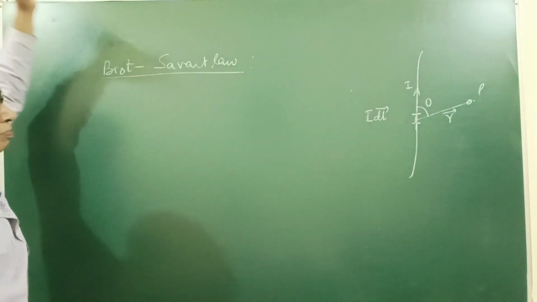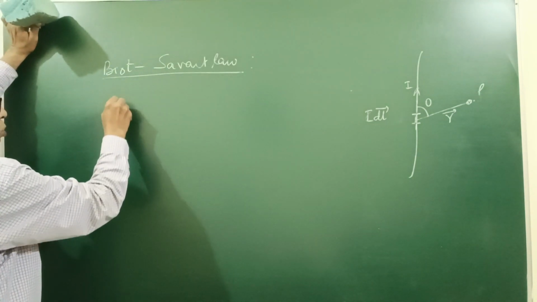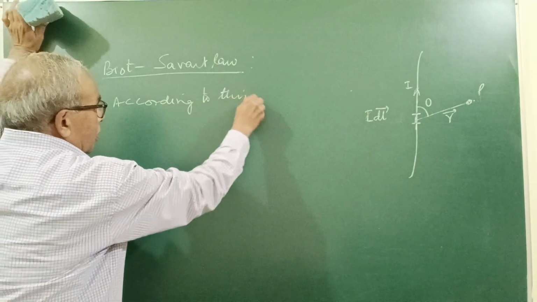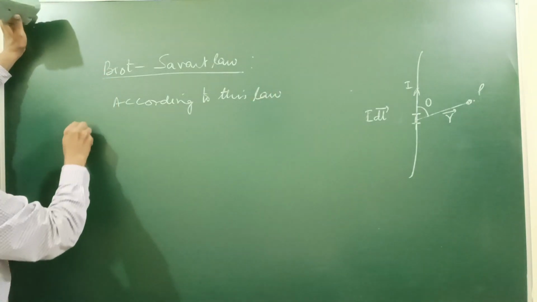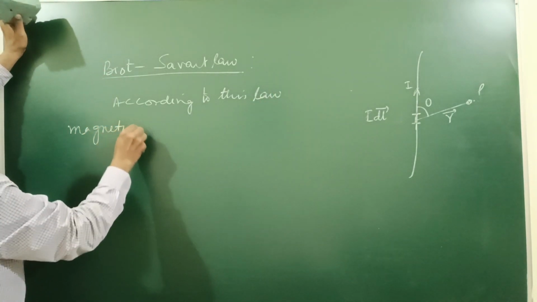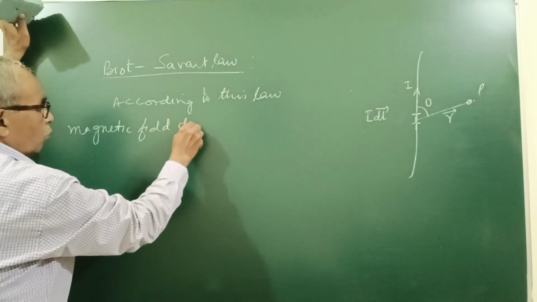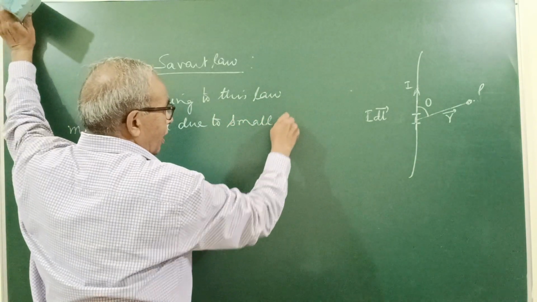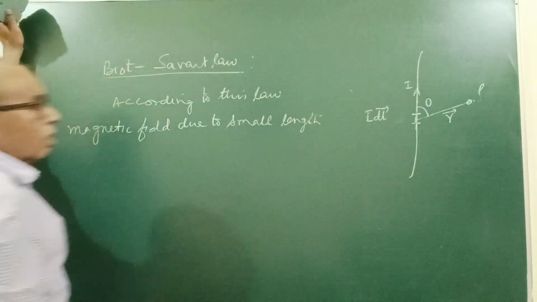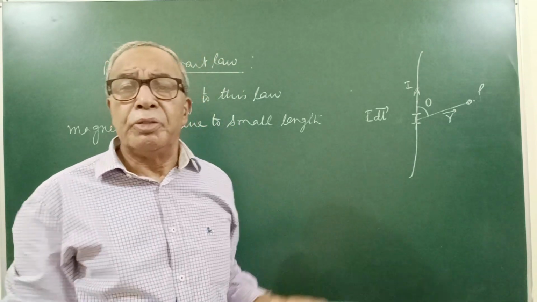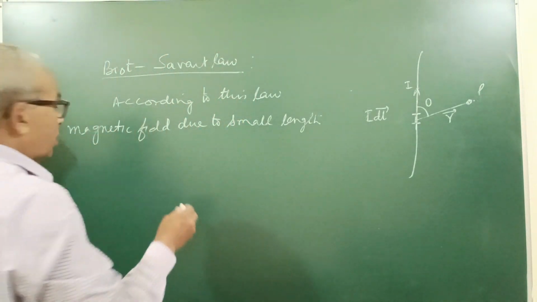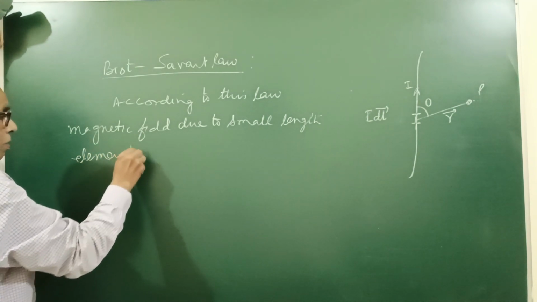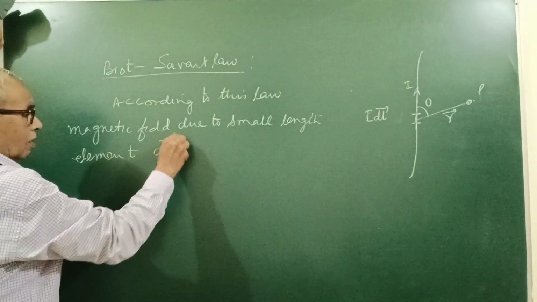And according to this law, the magnetic field due to a small length element dl, small meaning that in comparison to the whole length this length is negligibly small, I write here vector dl.